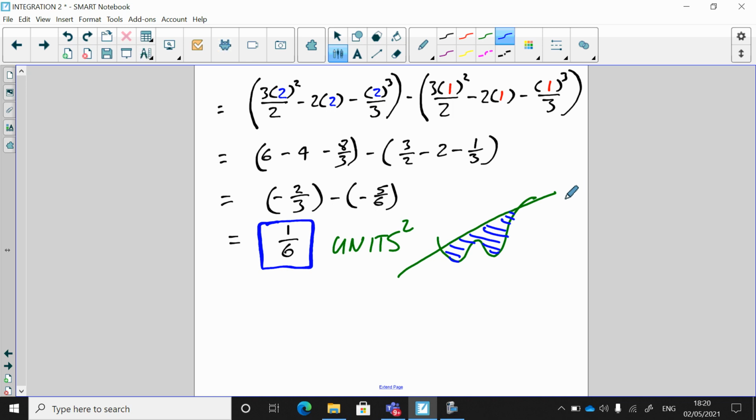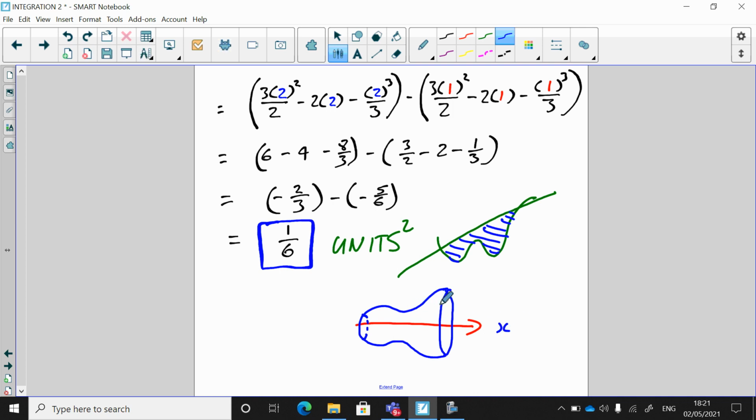But like I said, you could be dealing with volumes of revolution, where you might be taking some kind of curve and rotating that about some axis, say the x-axis.